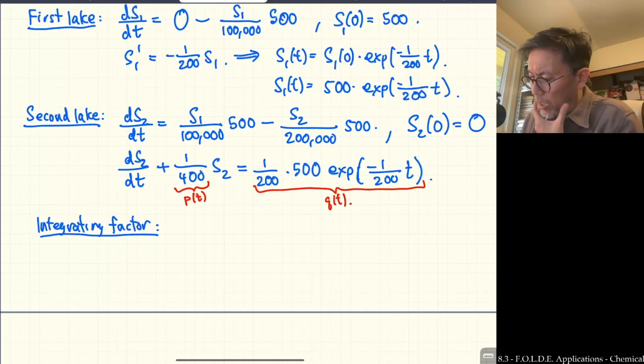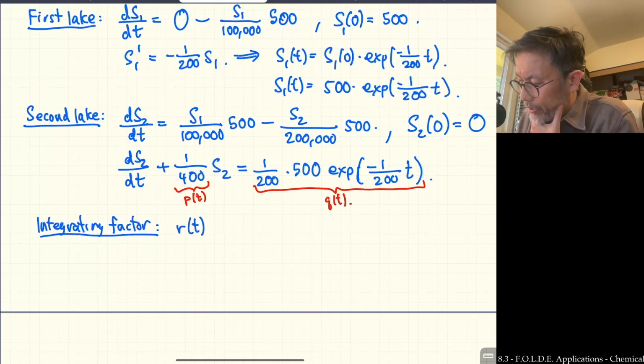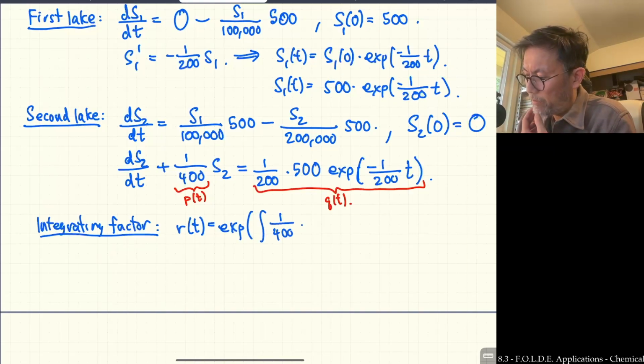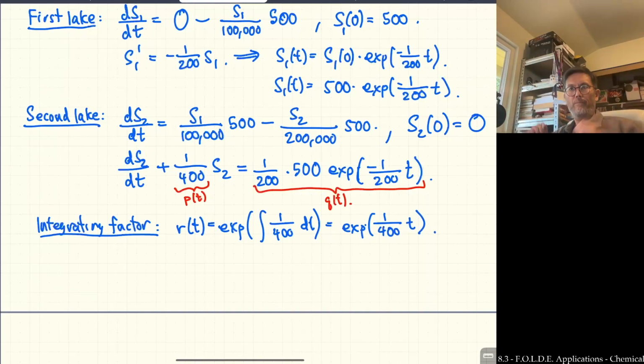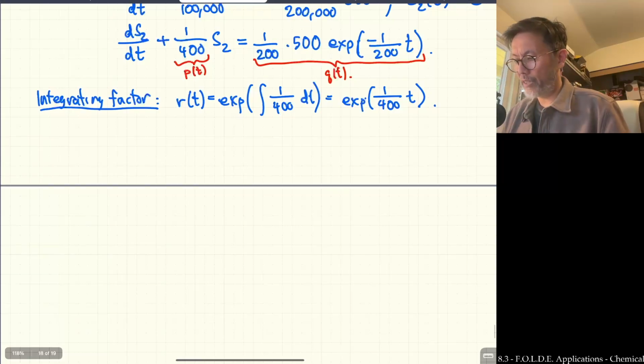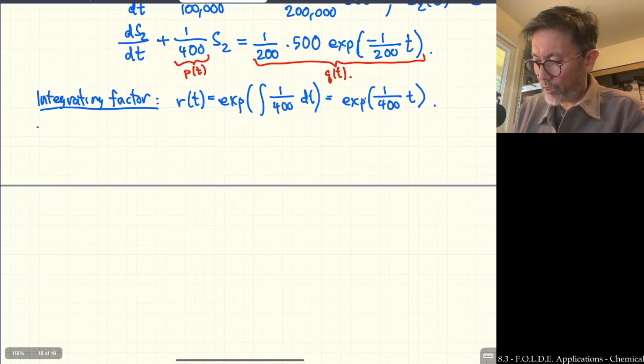Anyway, R of t is going to be my integrating factor, and that's exp of the integral of 1 over 400 dt. And so this is exp of 1 over 400 t. Okay, easy. That part is easy. Now we can write down the general solution.